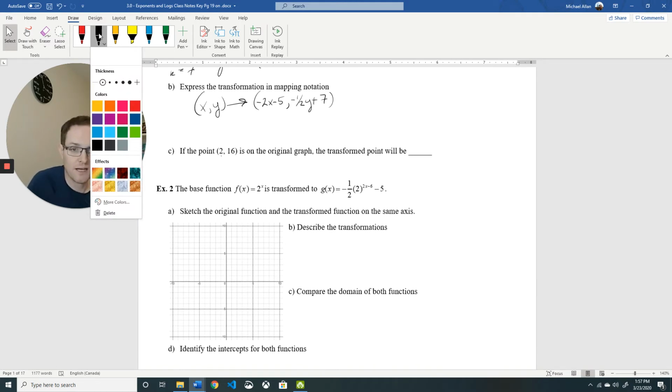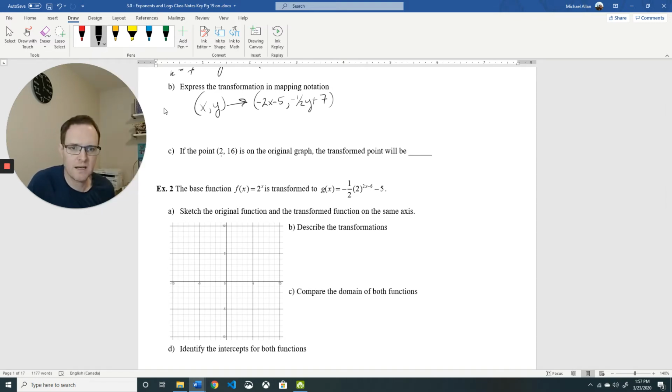So I want to apply the transformations to this point here, (-2, 16). So I can put those into the mapping notation above. If I put that in, I get 2 times -2, and then also -1/2 times 16, and then plus that 7.